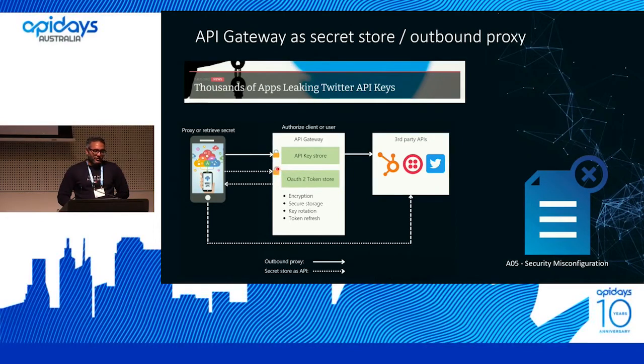It doesn't have to be an API key, but that's all the client needs to understand. And the same identity could be providing access to all three of these APIs. API Gateway has the logic that says get the secret for HubSpot, get the secret for Twitter, get the secret for Twilio, all safely stored, encrypted, hidden from the clients.